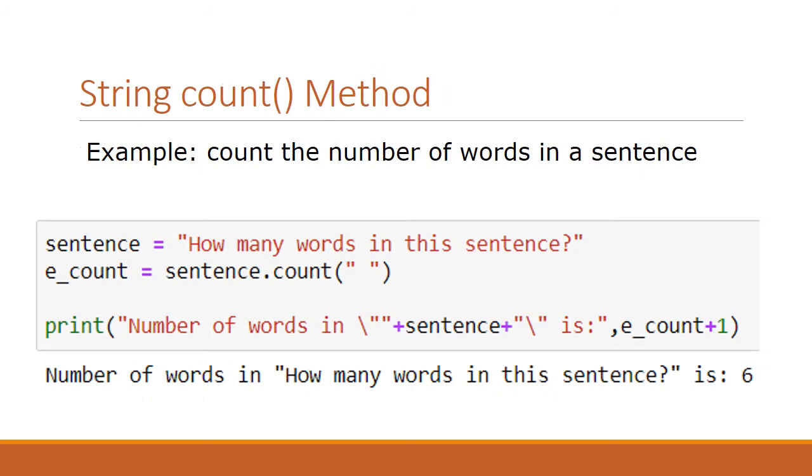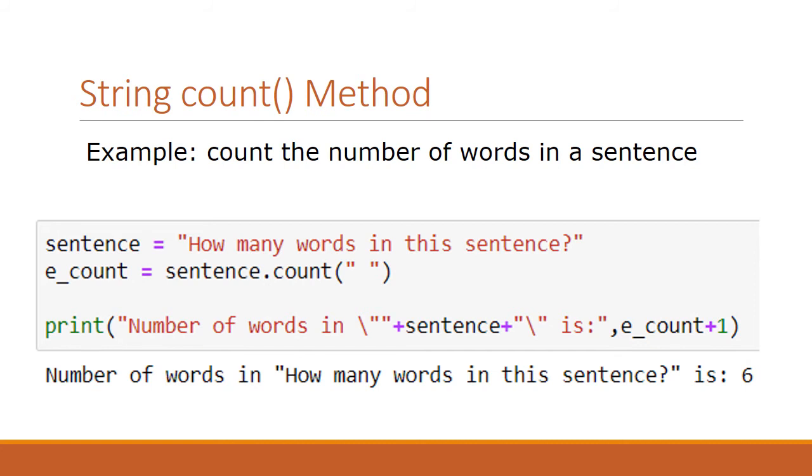Let's consider another example of the count method. Let's write a program segment that counts the number of words in a sentence. And just for simplicity, let's assume that words are separated by spaces. So we have a variable called sentence and we assign it the value "how many words in this sentence".